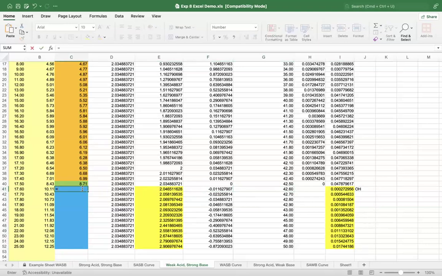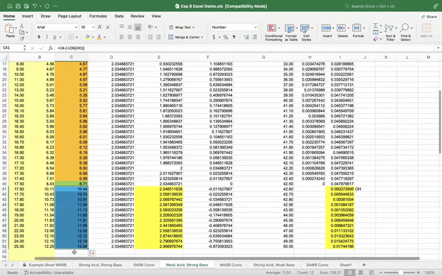So let's go equals 14 minus parentheses negative log of this number. Close parentheses, enter. And I'm just going to drag that all the way down.